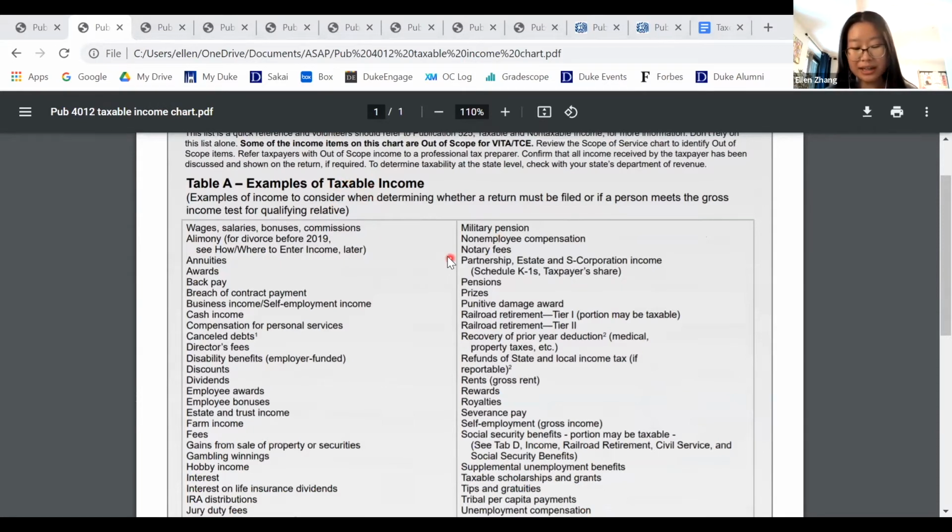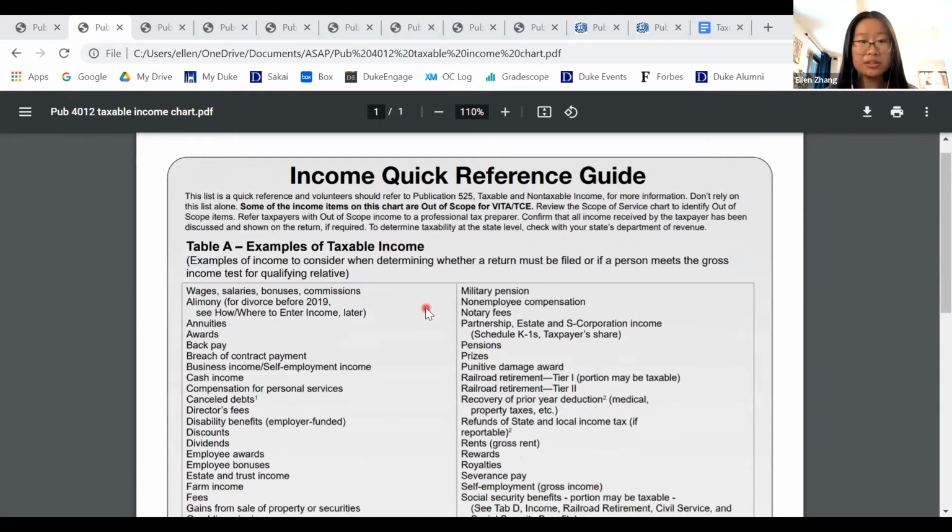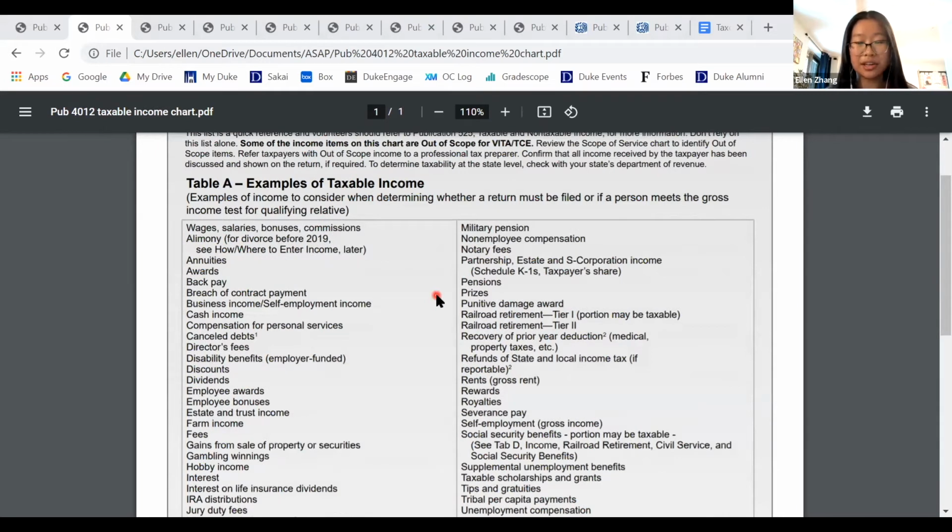And please keep in mind that this is not an exhaustive list. This is just a few common examples. If you want to look at a more detailed and comprehensive list, again, links to that are on the resources guide. So for now, let's just look at some examples of taxable income. These will probably be very intuitive to everyone here.